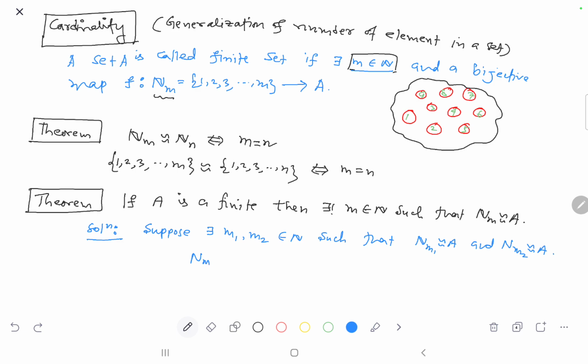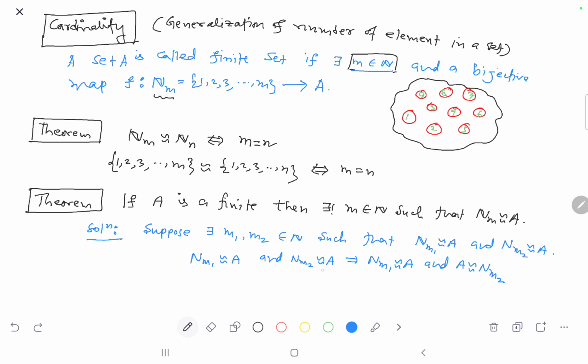N_m1 equipotent with A and N_m2 equipotent with A imply what? N_m1 equipotent with A and A equipotent with N_m2.